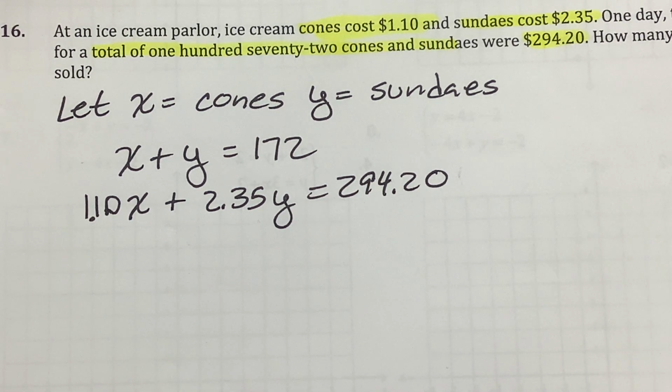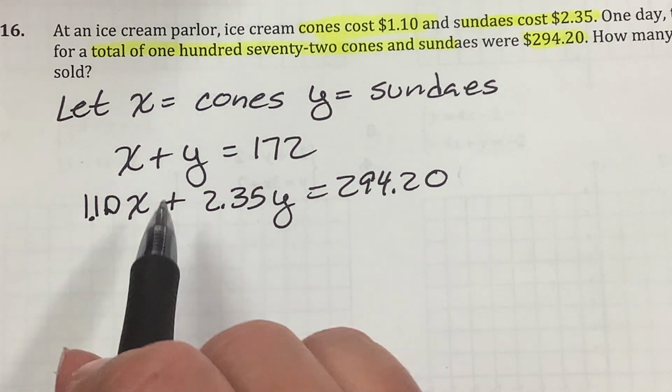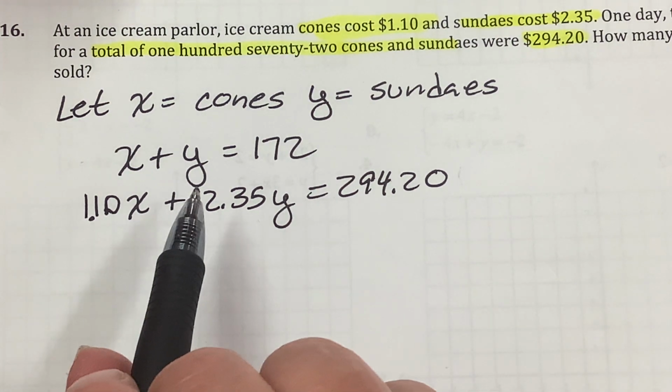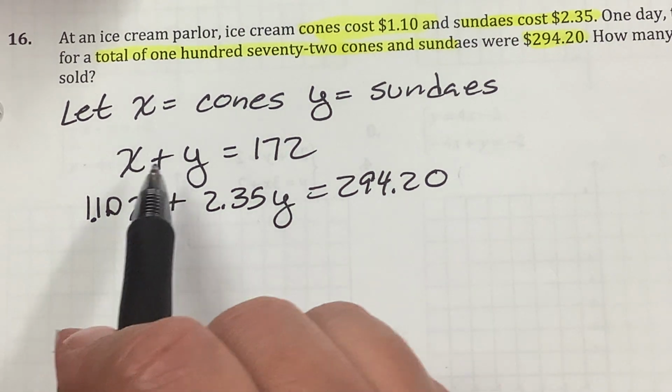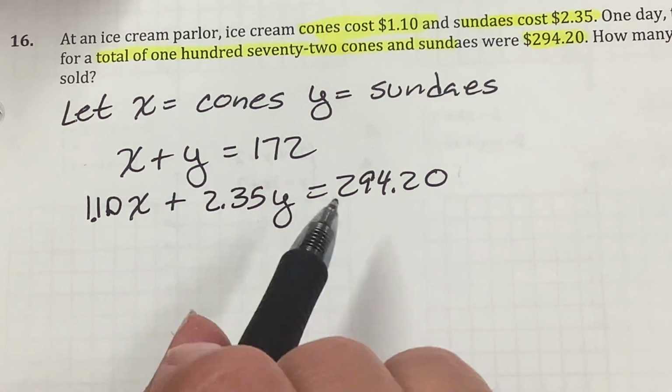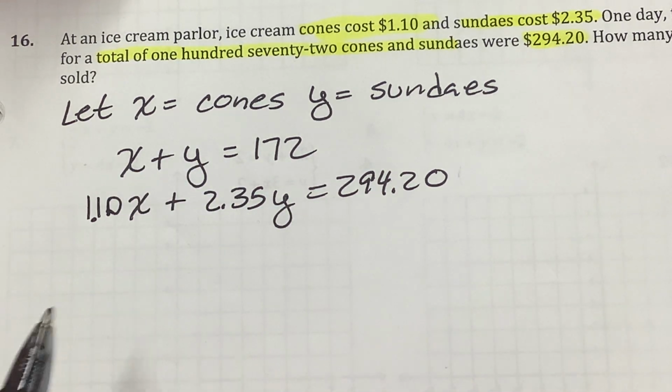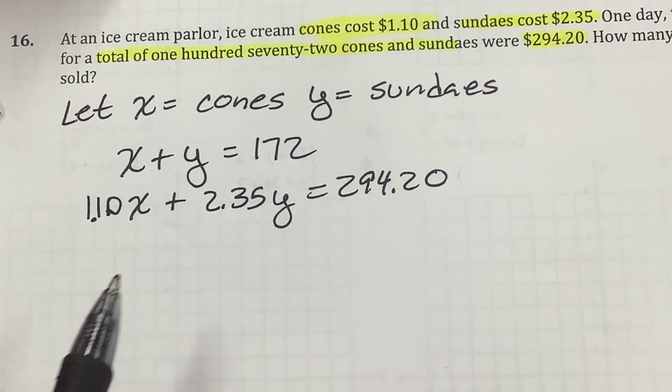All right, now we have to figure out what we want to get rid of, the cones or the sundaes. So I'm going to get rid of the cones. Oh, wait, no, I don't want to get rid of the cones. I want to get rid of the sundaes. Silly me. So how do I get rid of the sundaes? Well, I know that the x's are lined up and the y's are lined up and the numbers are lined up, so I can do an elimination method.